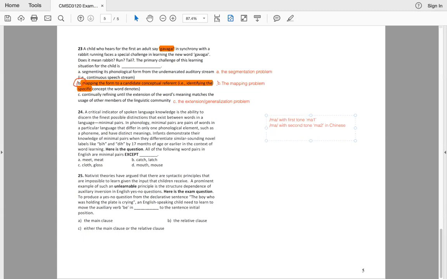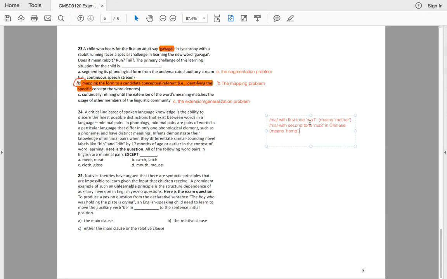The ma, first one means mother. So as you can see in Chinese, now these two words are a minimal pair.